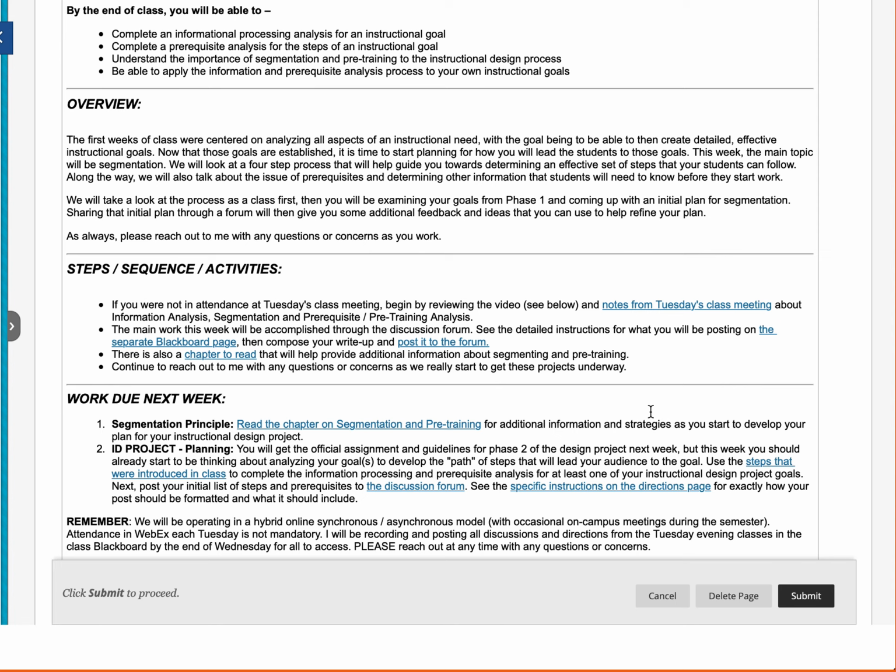You don't teach procedures the same way that you teach concepts. So we're going to start looking at that, because once you have this framework, you can then look at each step and say, well, in this step, what I'm teaching is a concept. And in this step, what I'm teaching is a procedure. And in this step, what I'm teaching is a motor skill. So that's going to be the topic for next week.